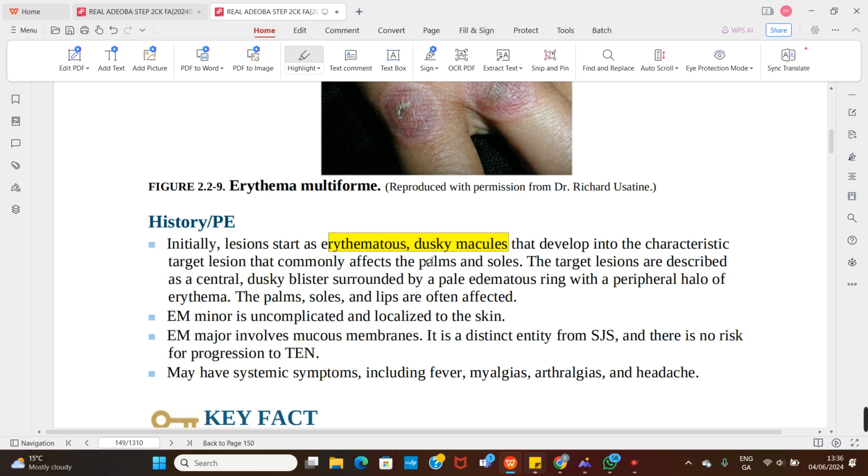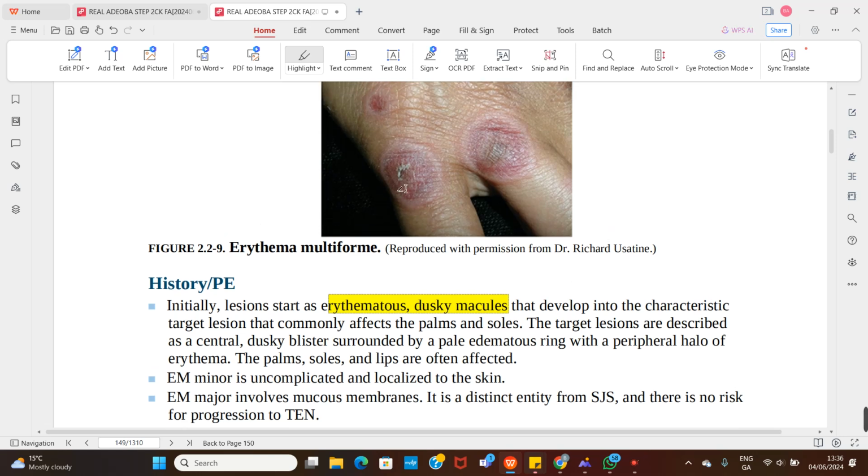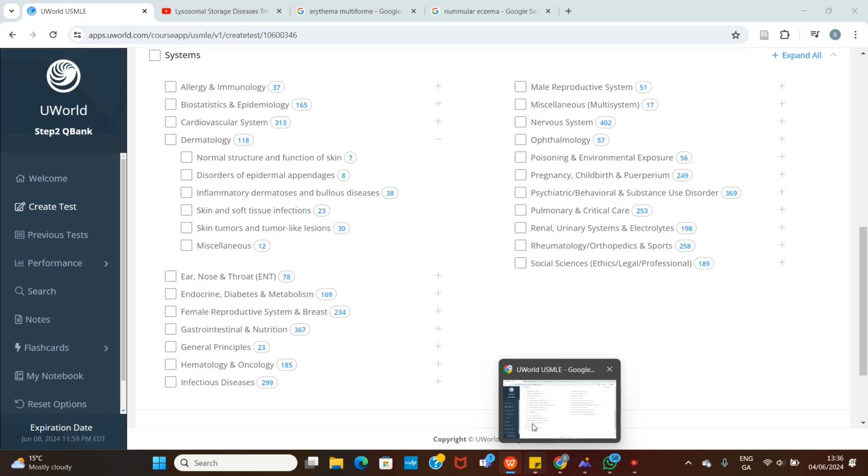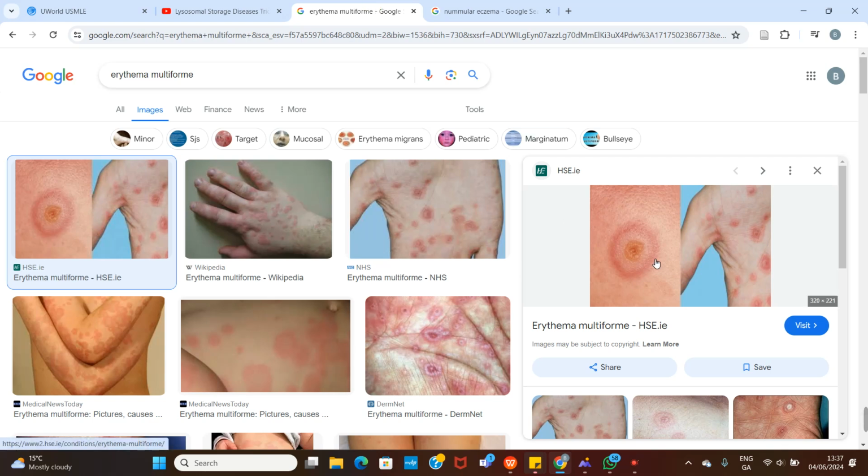They start from the extremities usually, the soles of the feet and the palms, and they ascend proximally to affect the other parts of the body, right? So it will now start changing from the macules to the target lesions. And how do we describe the target lesions? I don't like this particular image, but I have some images for us to show us what I'm talking about.